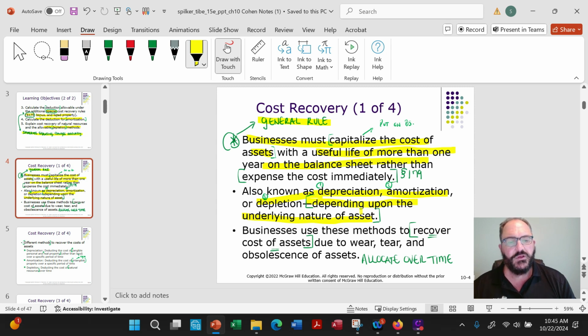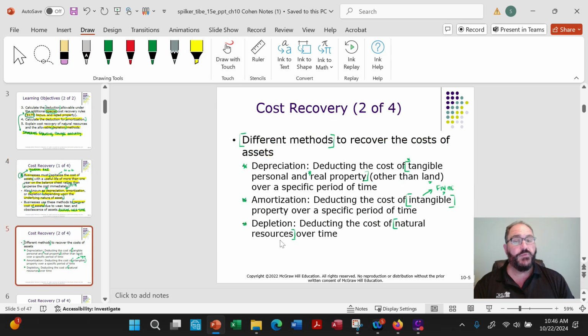Basically, the whole thing is to recover the costs and to allocate the costs over time. Here they talk about recovering the cost of the assets, but in accounting, we know it's really taking the asset and spreading it out over time as the asset's being used. And you have to decide the method on that. Okay? So there's different methods.